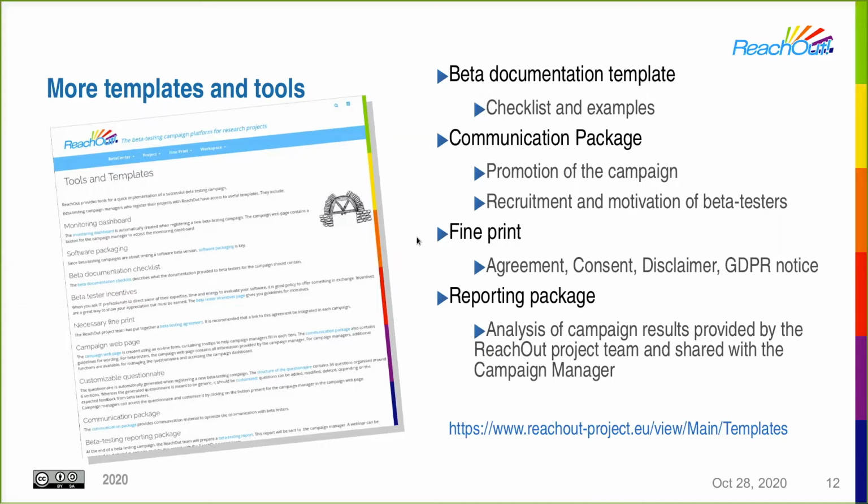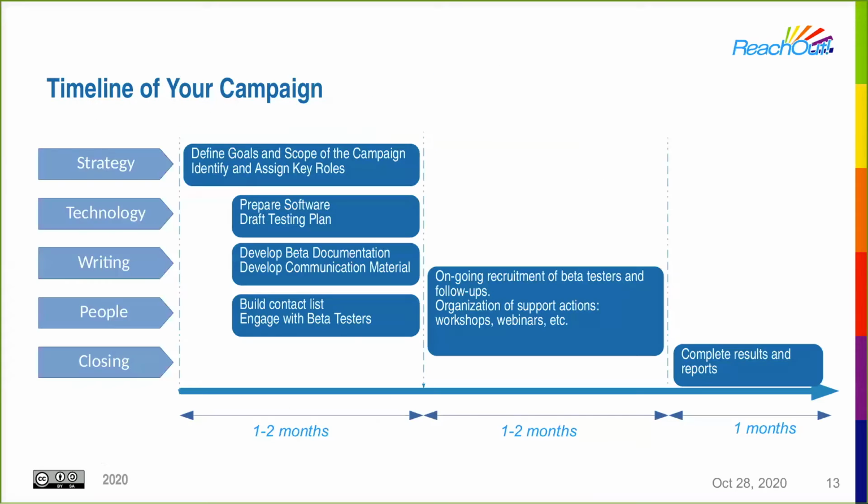So regarding the timeline, it depends on how much time you've got, so I see that some of you are in a hurry. What we think is, in the preparation phase, to define the goals, prepare the software, the documentation, and build a contact list, you should spend between 1 to 2 months. This can be shortened depending on how much you've already got ready.